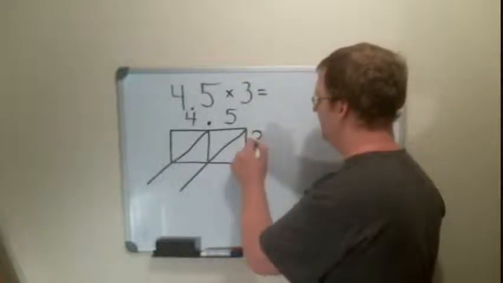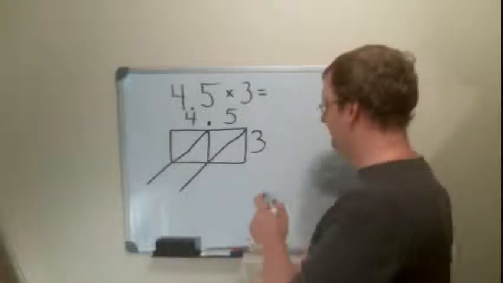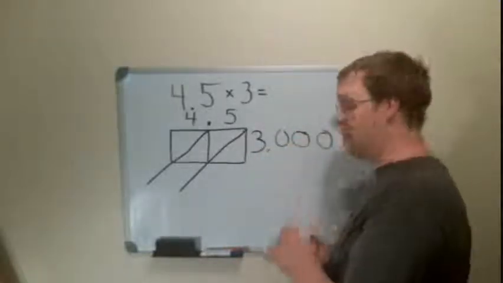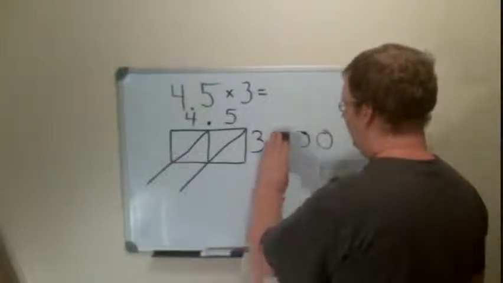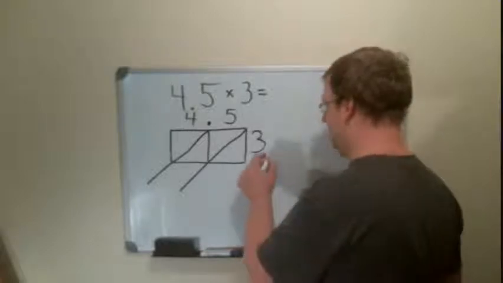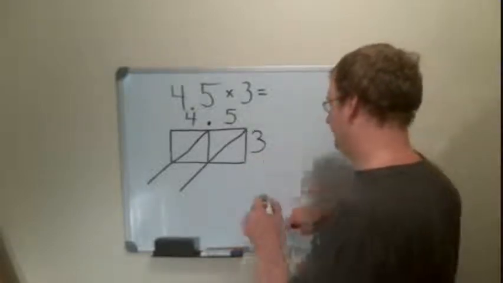And then we take our 3, and we bring it down. Now, we know that 3 actually has a decimal after it. It's actually 3.000, so on and so forth, right? So, we're just going to assume that the 3 has a decimal point after it, which is actually going to go right here.